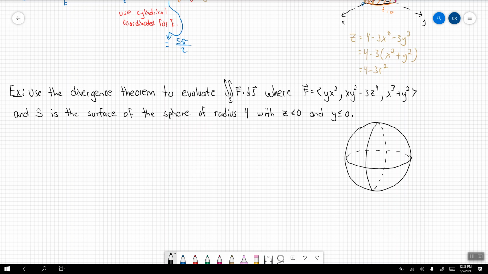All right, so here's my sphere. I'm going to say this is a sphere of radius 4, and what I'm going to do here is insert my z-axis. I'm going to insert my x-axis and my y-axis. Now, the restrictions are telling me that I must be below the x and y plane.